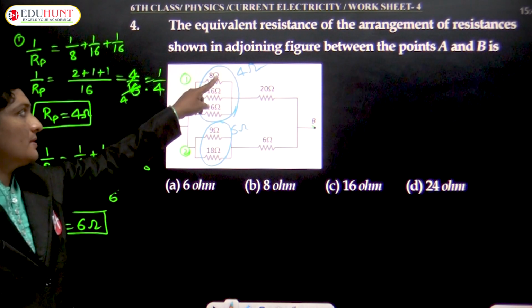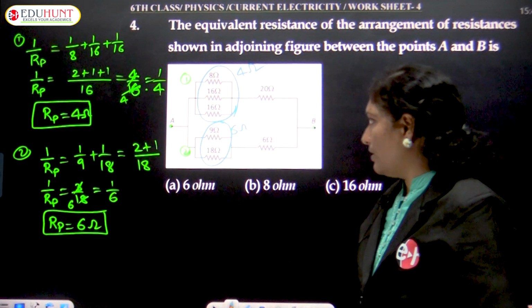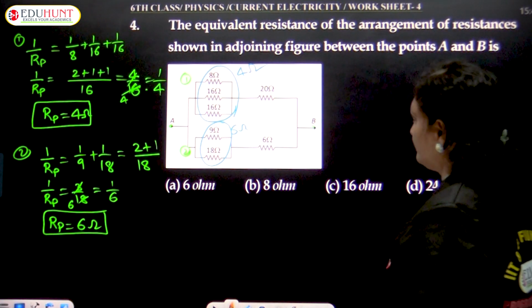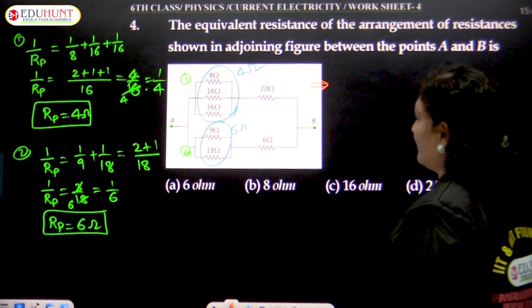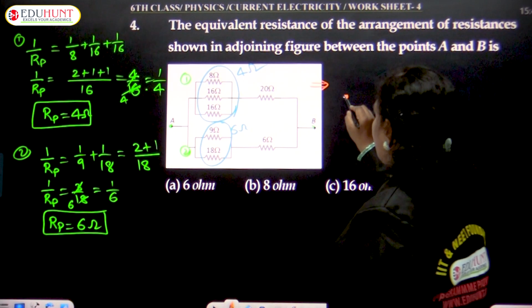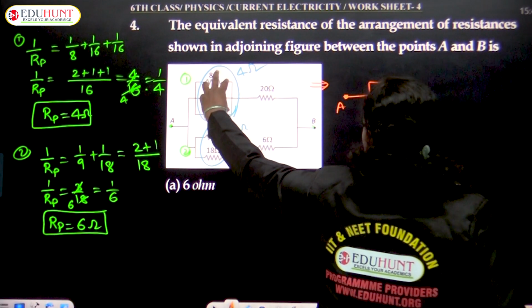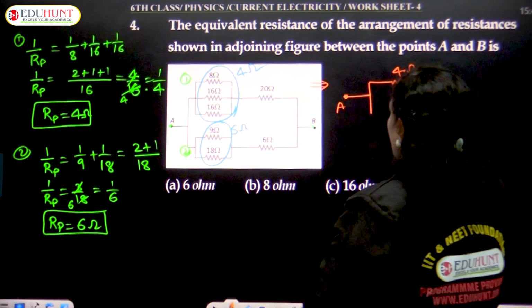So the upper part is 4 ohms and the bottom part is 6 ohms. Now let us plot the circuit diagram for the above picture. The equivalent resistance after simplification is given as follows. First of all, let us fix the terminal A. The three resistors, after solving, we are getting as 4 ohms.